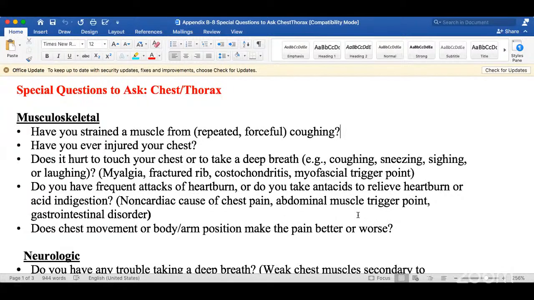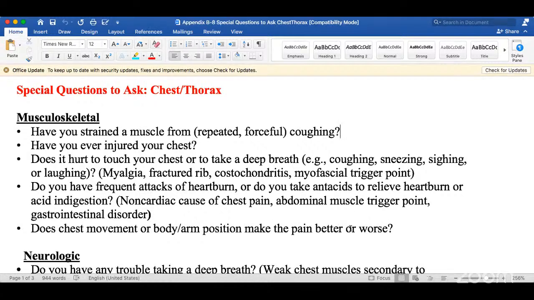Does chest movement or body or arm position make the pain better or worse? Of course, whenever you have chest movement and pain changes, or whenever you have body or arm position changes and pain changes, it could be musculoskeletal. But remember, I think we once discussed when the patient raises their hand to reach out to something and the pain increases or shortness of breath, that it's an indication of an organic pathology.